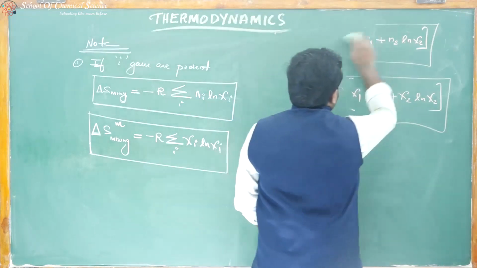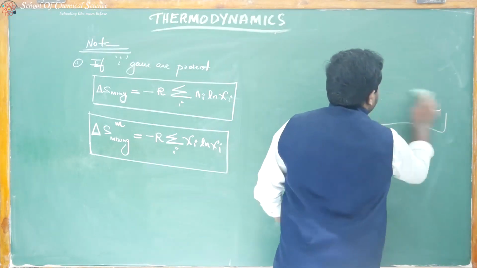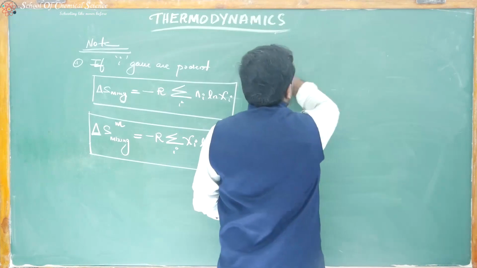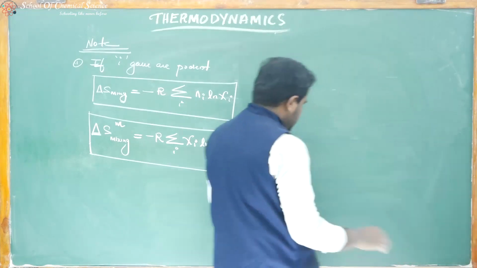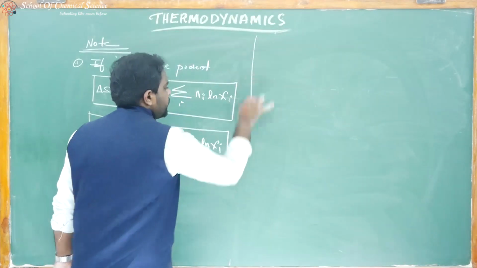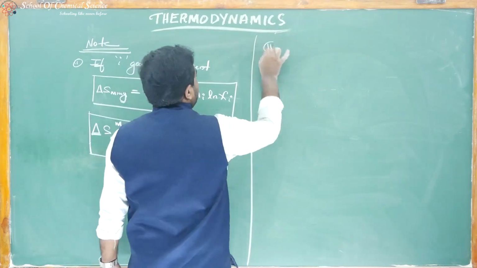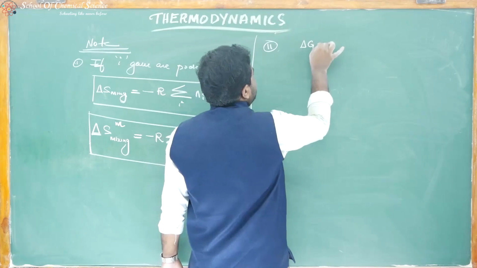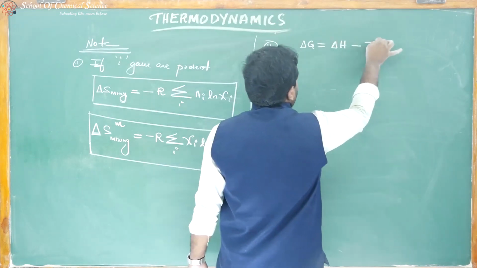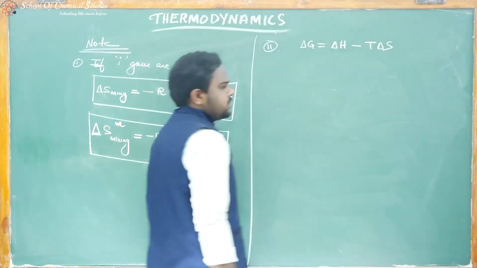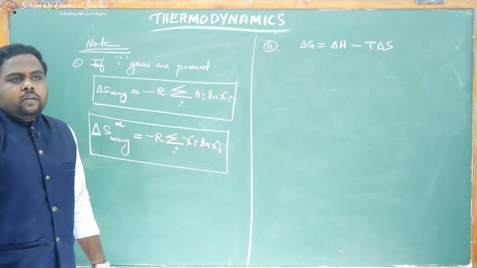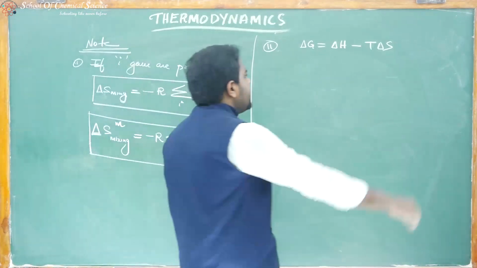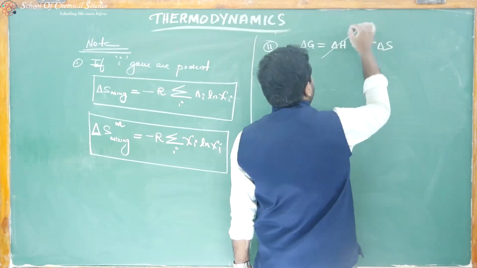Note 2. You know the equation delta G is equal to delta H minus T delta S. Okay. If the mixing is an ideal mixing, you know this delta H is equal to 0.